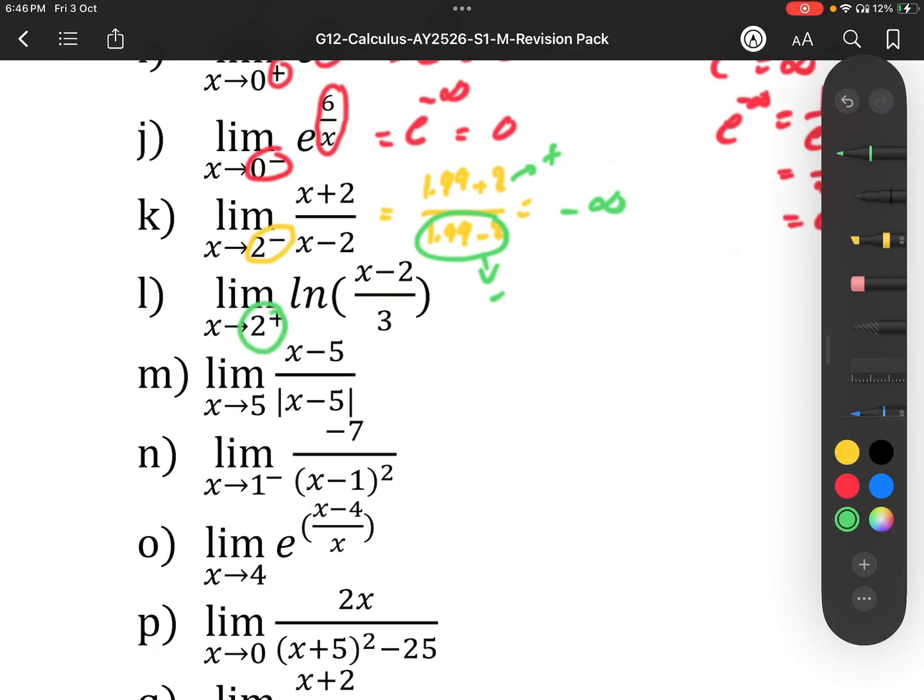So 2 from the right means a number greater than 2. Let's say 2.001 minus 2 over 3. This is positive and this is positive. So it's going to be positive.